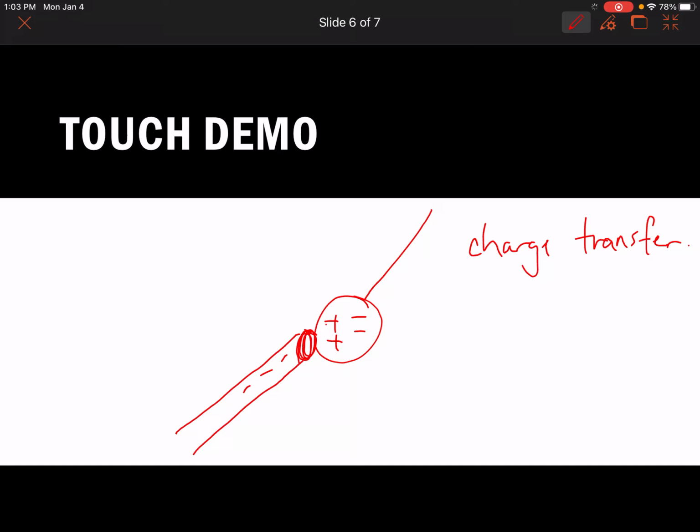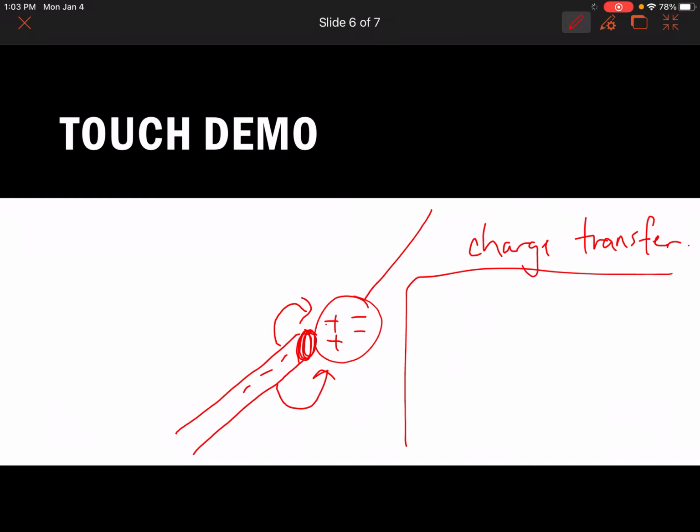Now when these two things touch, the negative charges on the rod are going to be very attracted to the positives in the pith ball here. So they're going to leave the rod and jump onto the pith ball here. So we have electrons moving at this point. Now, once that happens, I should have actually done two screens here.